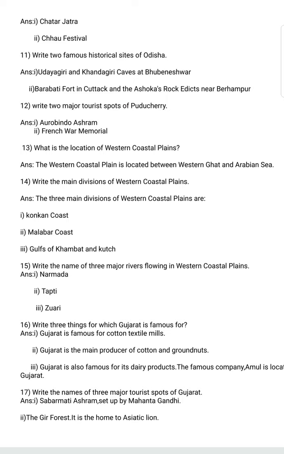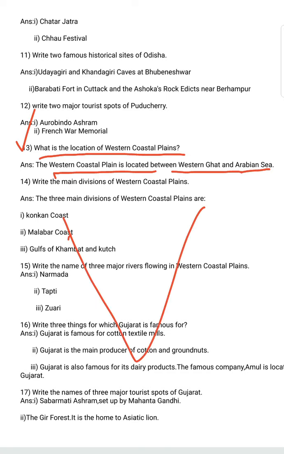Next question. What is the location of Western Coastal Plain? I have given a tick, meaning this may come in the exam. The Western Coastal Plain is located between Western Ghat and Arabian Sea. This is Western Coastal Plains. Here is the Western Ghat. It is a thin strip, and this area is full of forest.